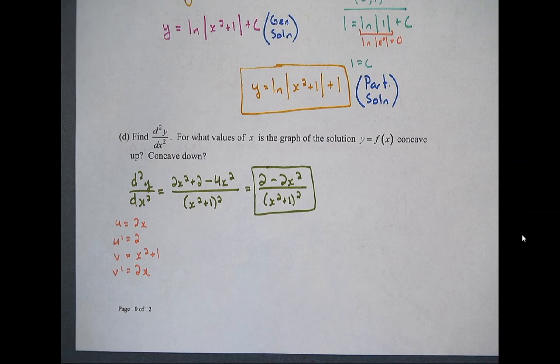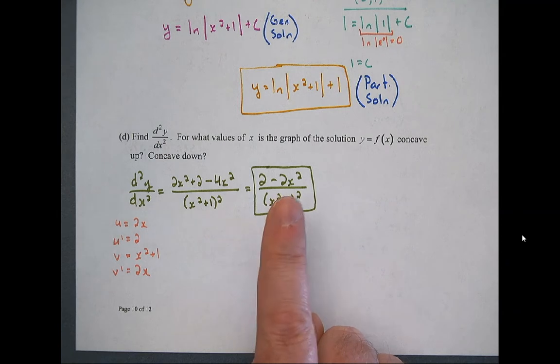For what values of x is the graph of f of x concave up or concave down? Well, think to yourself, what are the situations when f is concave up? What are the situations where f is concave down? So hopefully you said to yourself that f is concave up when f double prime is greater than 0.